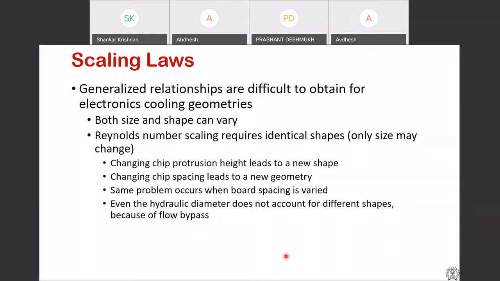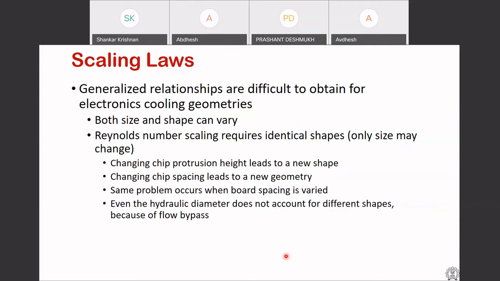And if I move from a 6 millimeter tube to a 10 millimeter tube, as long as it's a tube, I can use the relationship that I developed for the 6 millimeter tube, because I have non-dimensionalized it. However, if my tube becomes some other shape, instead of being circular, if I make it square, then I can't exploit the relationship that I developed for circular for the square.